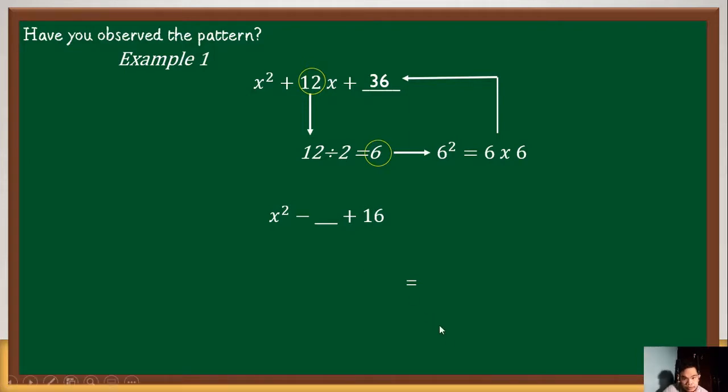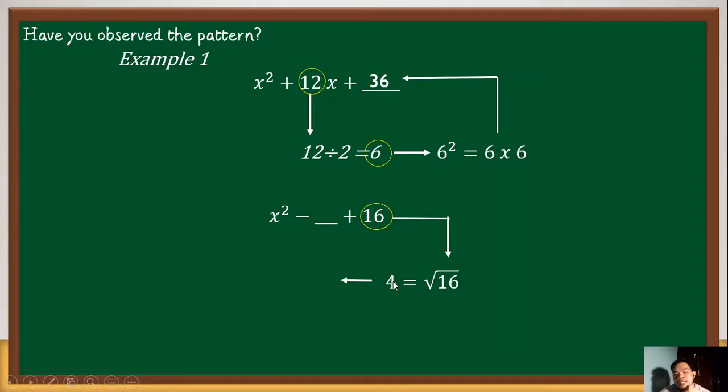Okay? So we have here 16. Kukunin natin yung 16. We will get the square root of 16, which is equal to 4. Okay? So kung kanina sa process, dito babalik rin natin. Sa second example, babalik rin natin yung process from example number 1.